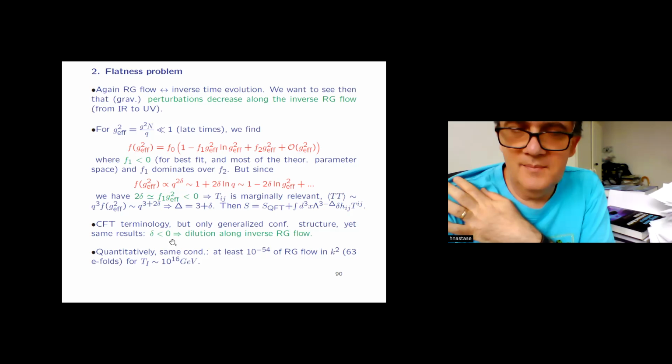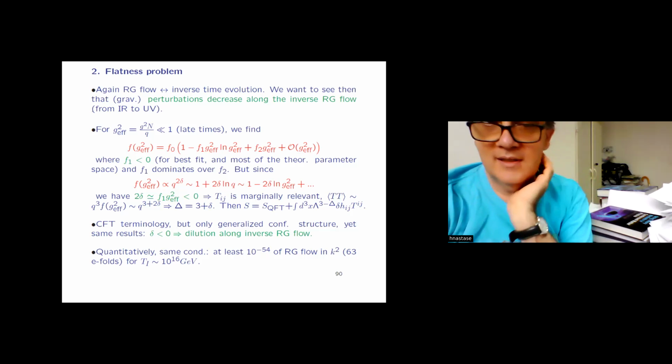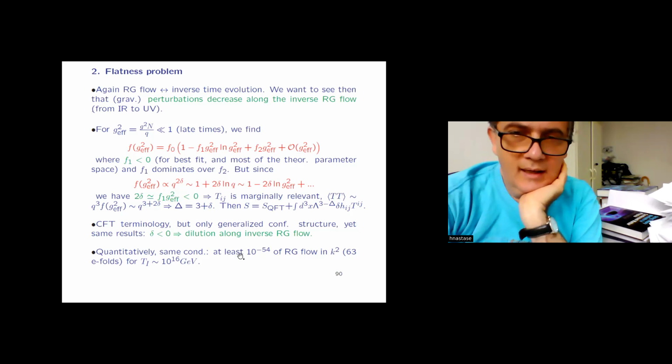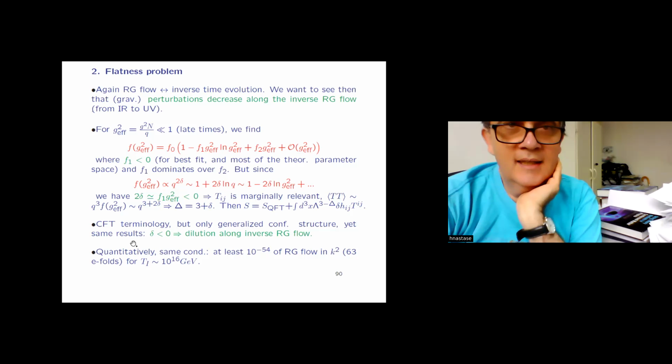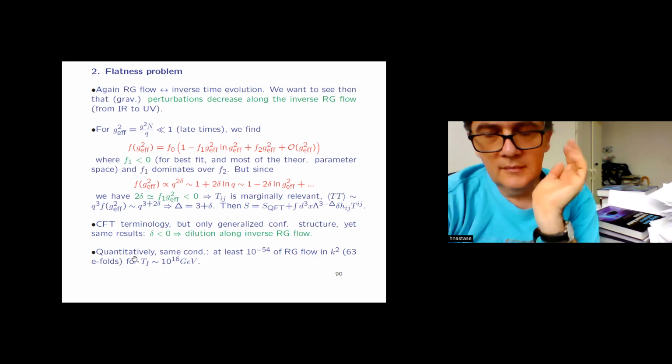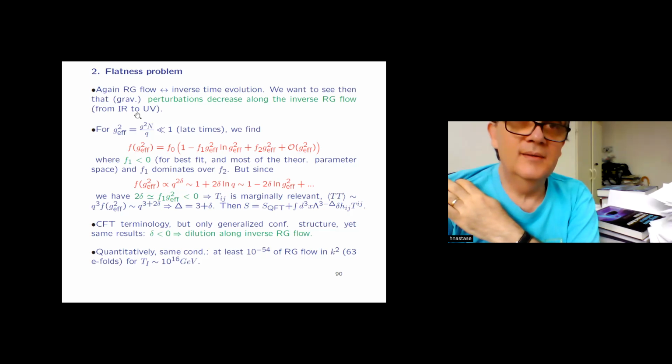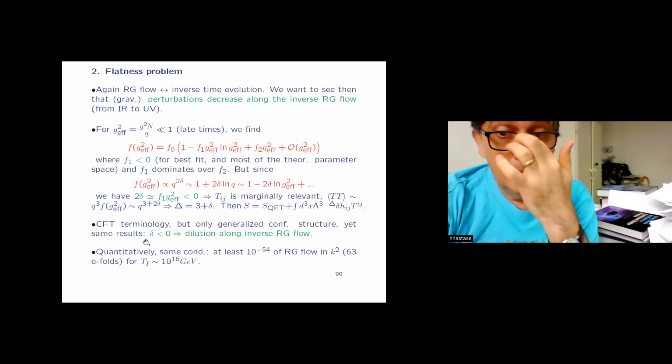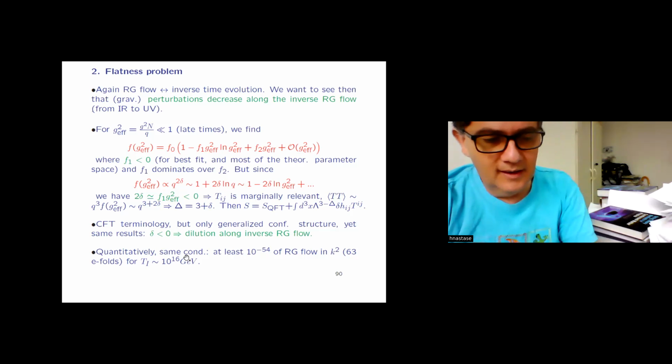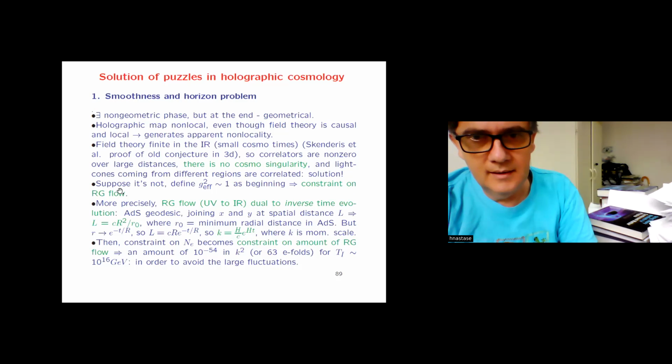But the results are the same. So f1 negative implies that this anomalous power delta is negative, which means dilution along this inverse RG flow. And the amount needed to satisfy the observed flatness problem is still the same amount calculated here.